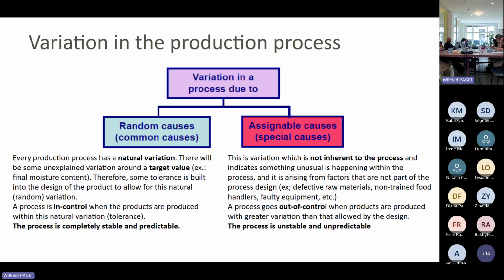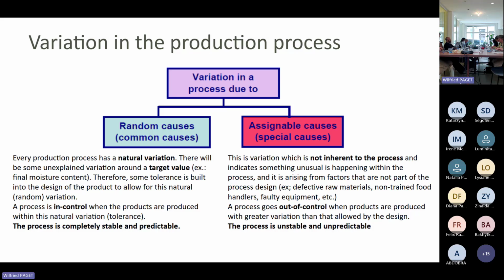In this case, we can intervene and we can control these sources of variation. So these random causes of variation are present in all the production processes, and they are thought of as a natural variation. So there will be some unexplained variation around the target value.